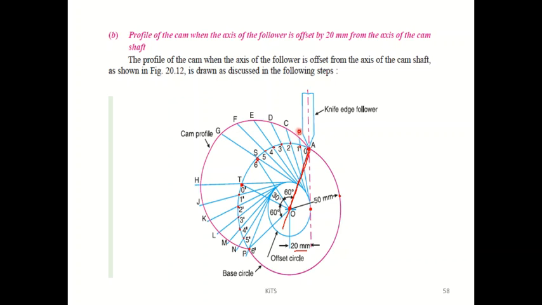Suppose you are drawing a line, that line will go like this. It will touch the inner circle. It will not get inside the inner circle like this.